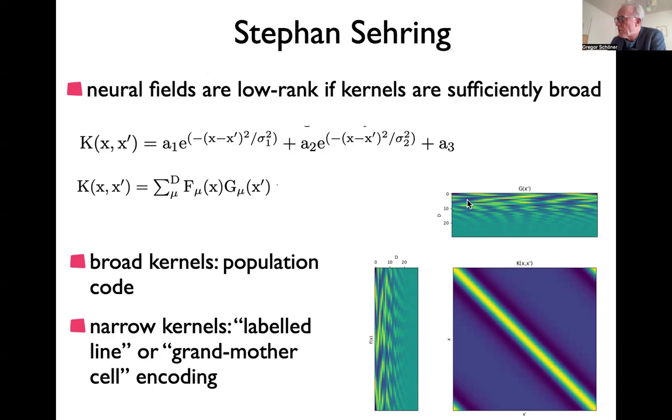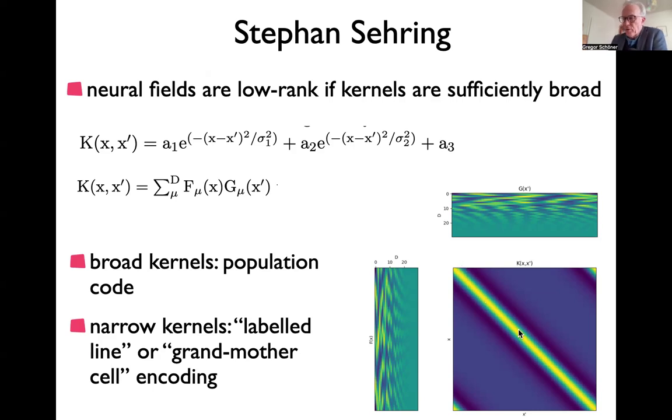So you see an illustration of how much of these functions you need. This is the weight as you vary the number d of components, and here's an illustration of these functions. Here would be an example where you need quite a lot of these functions. You see that the weight goes down only after 10 or more in order to get the kernel right. And this is because this is a narrow kernel.